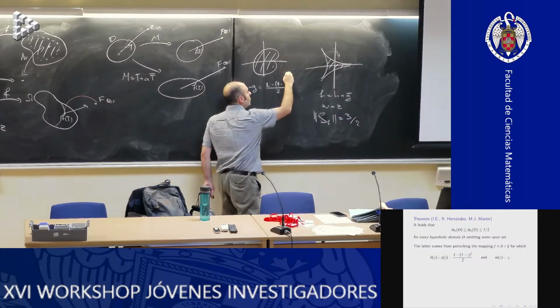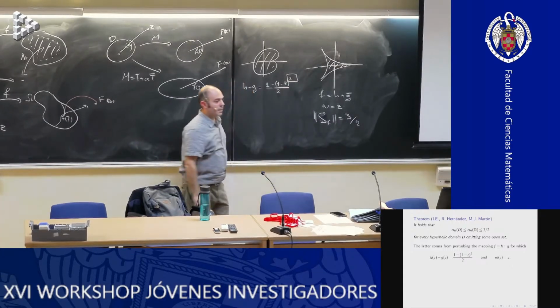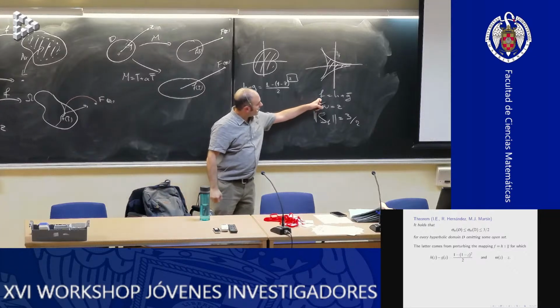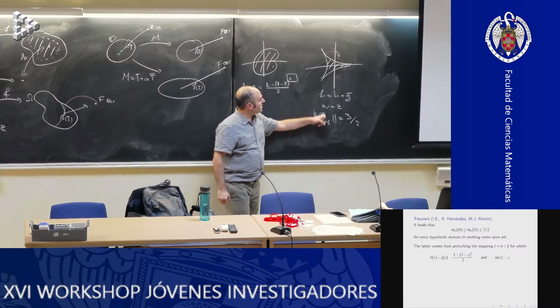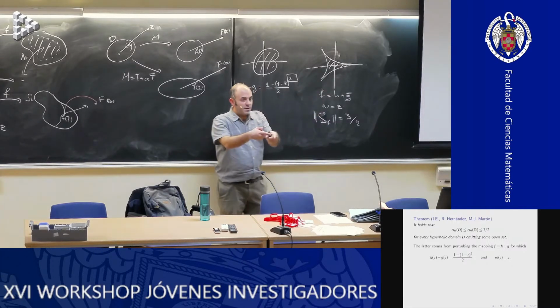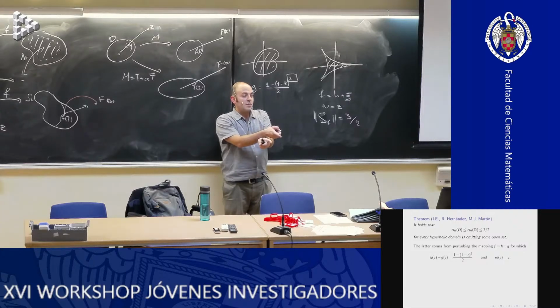Now, perturbing this power here, we can have a resulting harmonic mapping with Schwarzian 3/2 plus epsilon. And what happens is that this cusp is destroyed and the univalence is destroyed.